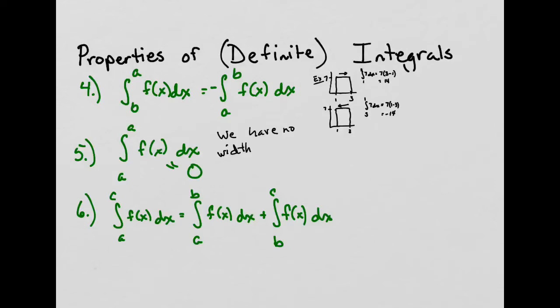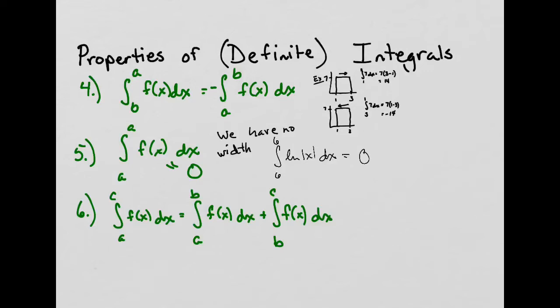So if you are taking the definite integral of f of x from, like, 6 to 6, so let's go from 6 to 6 of natural log of x dx. Again, we don't know how to take the antiderivative of natural log of x yet, but it doesn't matter because our width is nothing. And so your area under natural log of x is still 0. So it doesn't matter here.